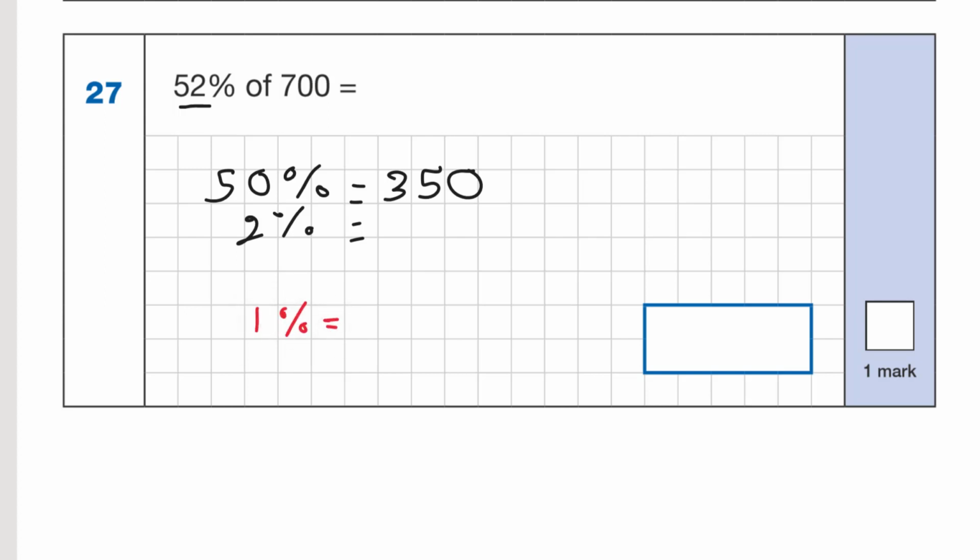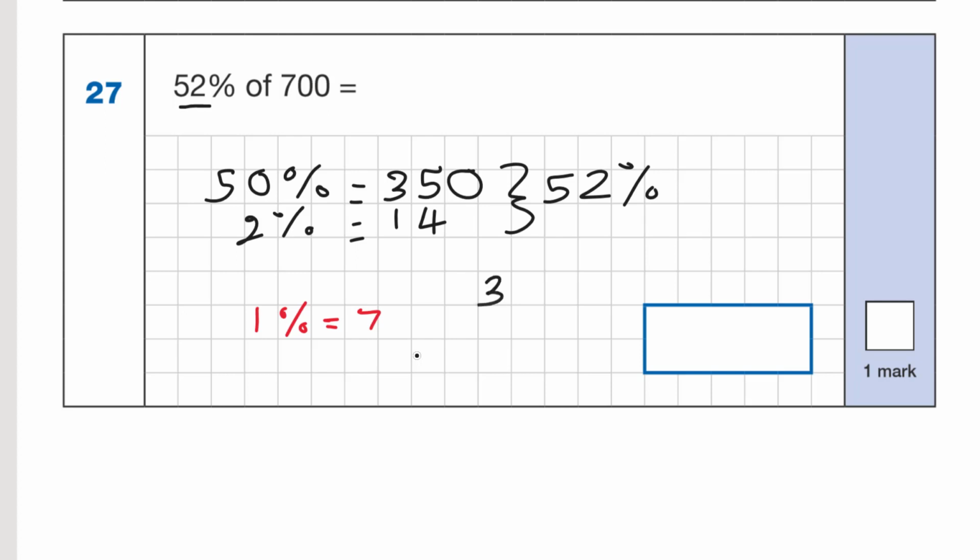1% is just dividing it by 100. So 700 divided by 100 is 7. So if 1% is 7, that will help me to find 2%. It's going to be double. 2% is 14. So to find my 52%, I simply need to add those two numbers together.